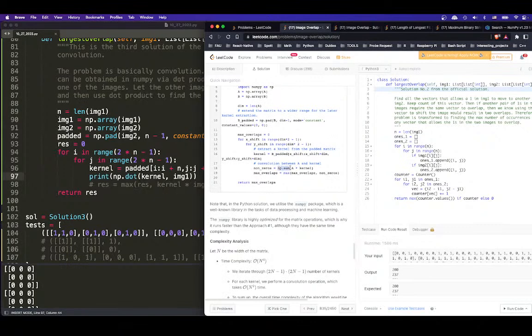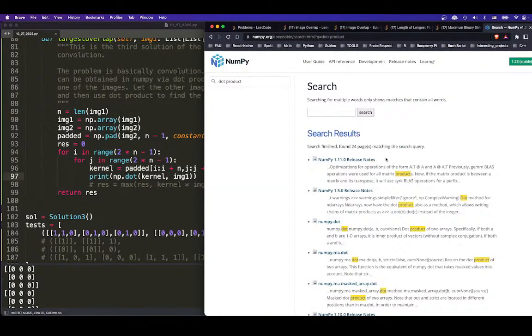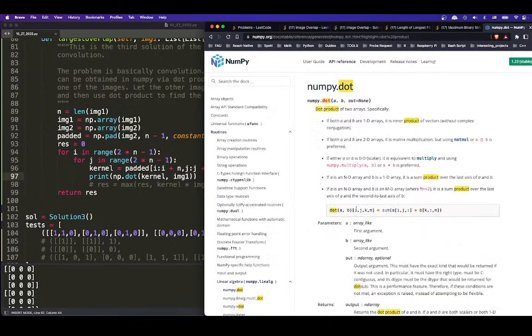The sum. Huh. It is matrix multiplication.